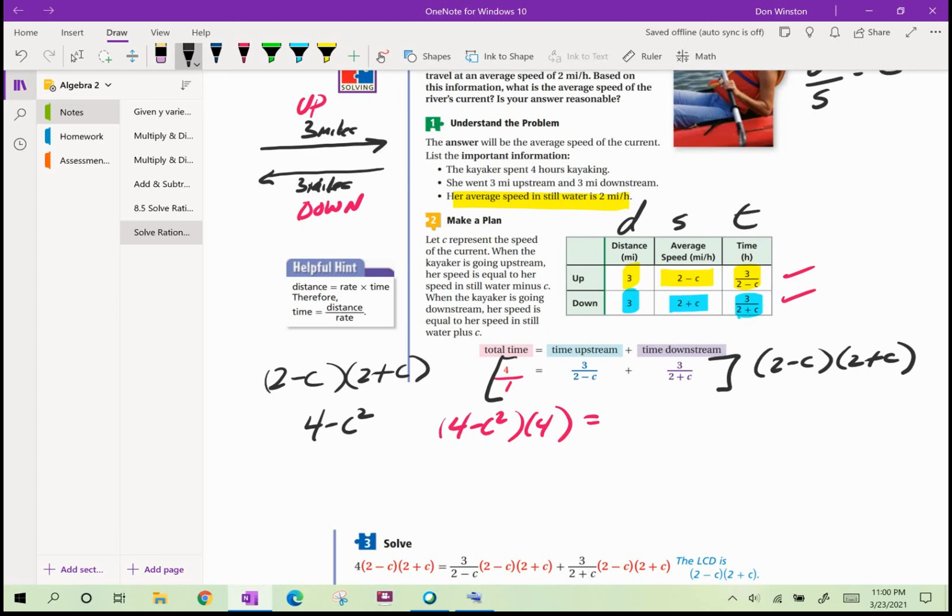Now why did I use 4 minus C squared? When I multiply by 4, it's just going to be less work.